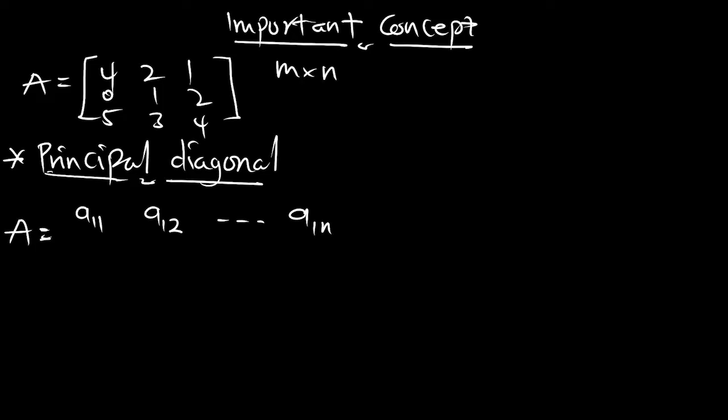Same way, this is going to be A21, the second row, the first column, and A22, with some entries there, and we have A2n.